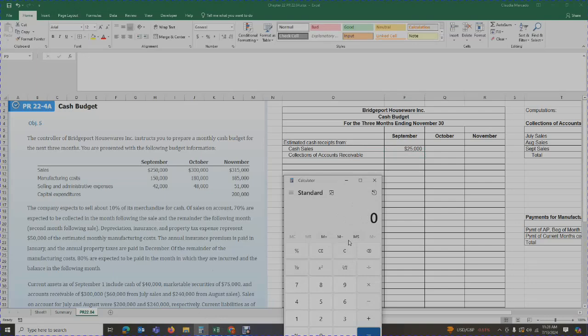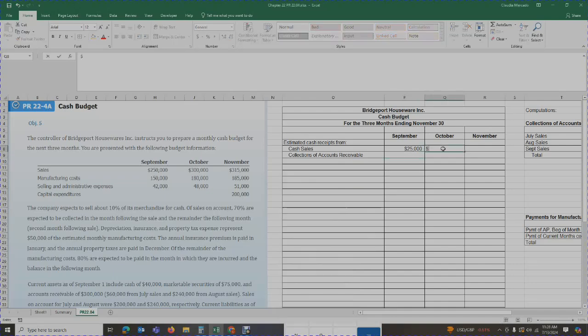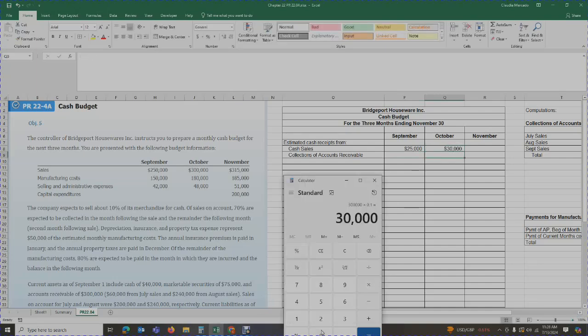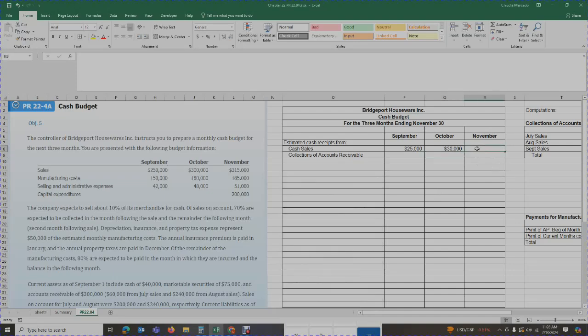For October, we have sales of $300,000. We're going to multiply that by 10%, and that gives me $30,000 for October cash sales. And then we get to November. November, we've got $315,000 times 10%, and that gives me $31,500.